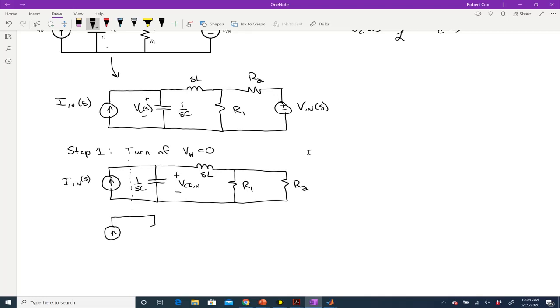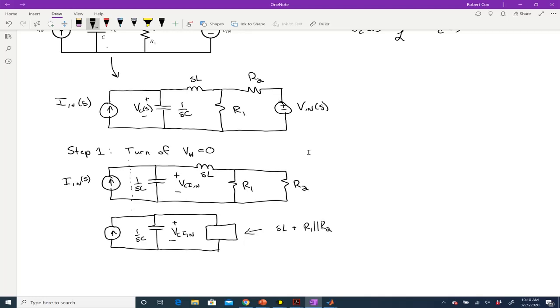I have 1 over SC here, V sub C In here, and then a parallel impedance combination that I'll draw with a box. Inside this box would be SL in series with R1 in parallel with R2.